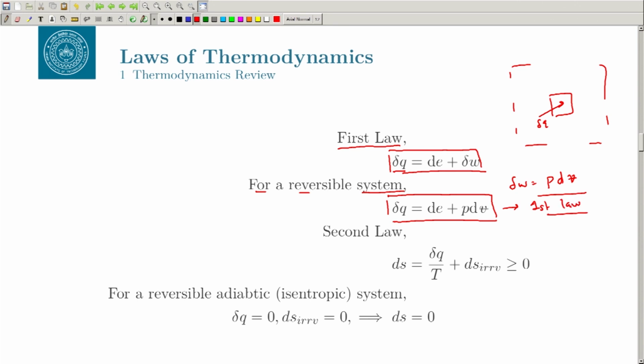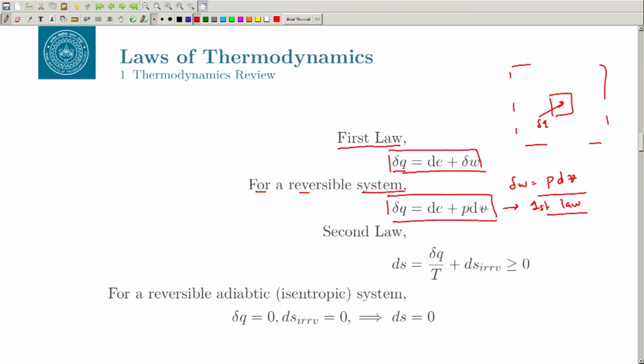Now, why are we talking about the reversible system? As we have discussed, if we are away from the places where viscous effects or dissipation are important, you will likely find the process to be reversible. That is why many of the theories developed in the literature are for reversible, in fact reversible adiabatic flow, which is the isentropic flow.